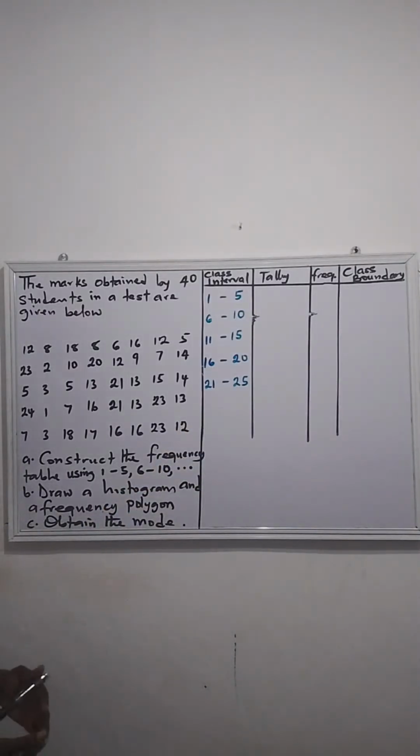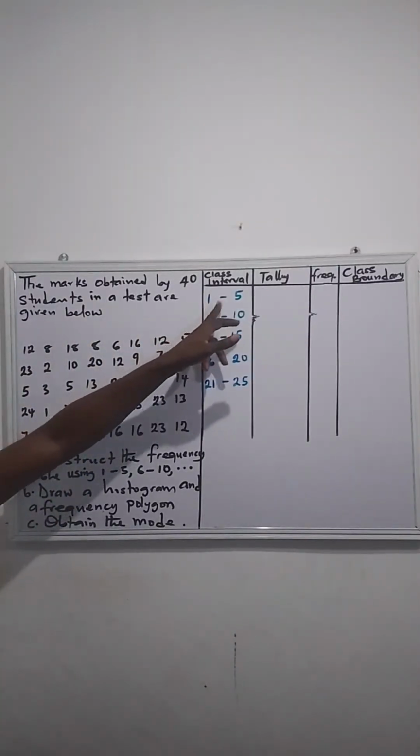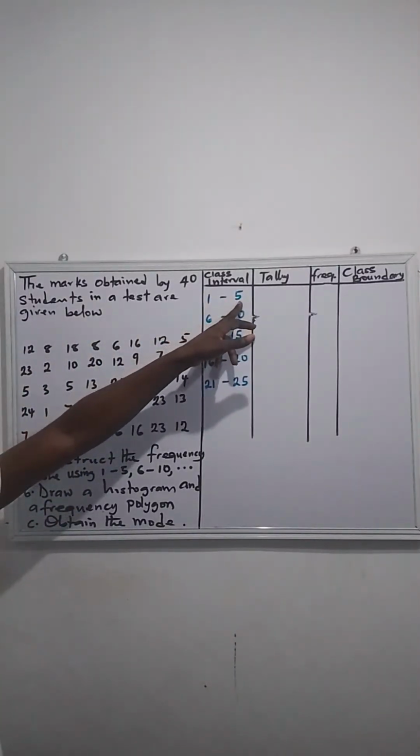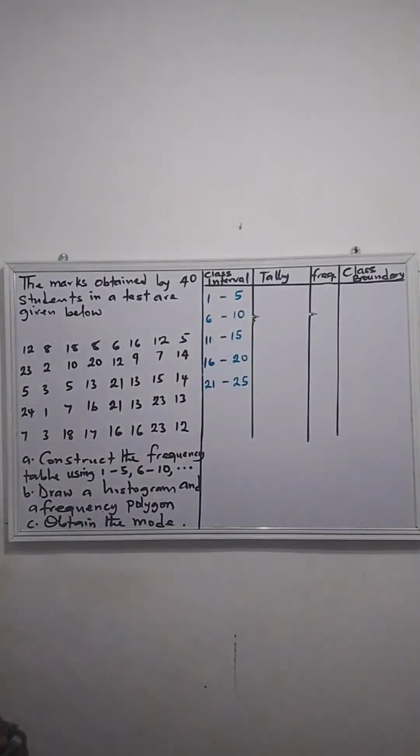All right, now let's go through the tally. We look for numbers that lie between 1 and 5. So we ring any number that falls within this range. Can we quickly do that? Let's look at it.